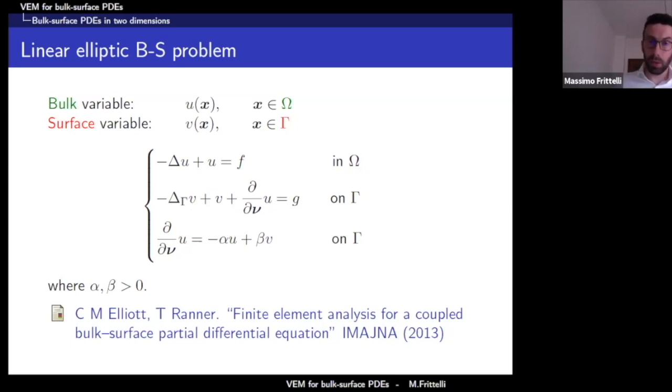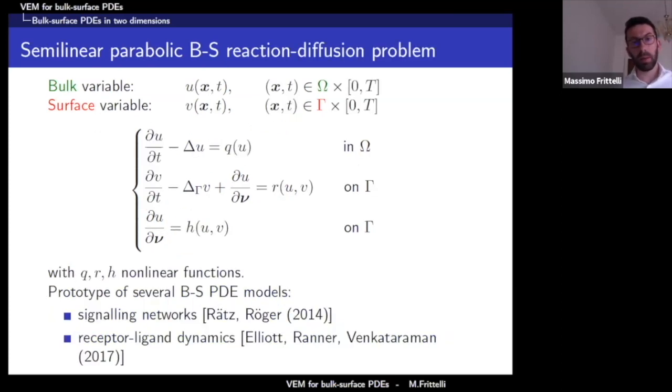But more importantly, we consider parabolic bulk surface PDEs, such as this one. We have this semi-linear reaction diffusion equation in the bulk, coupled with another semi-linear reaction diffusion equation posed on the surface, and the two equations are coupled through nonlinear boundary conditions of Neumann type.